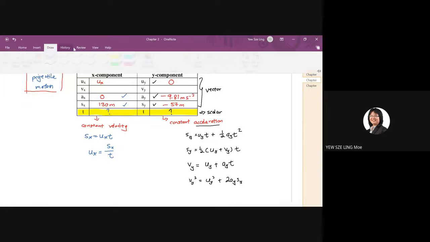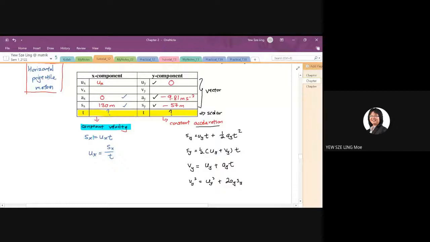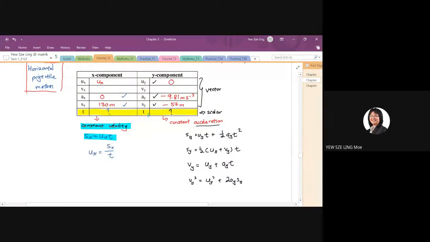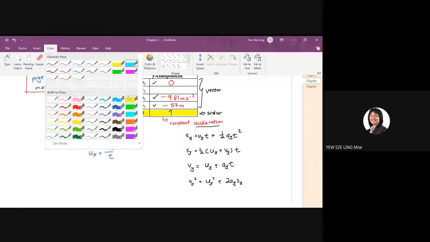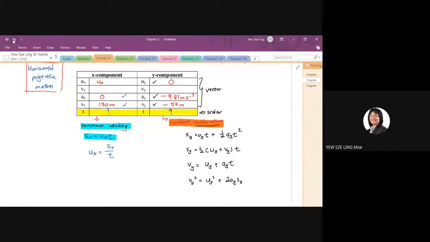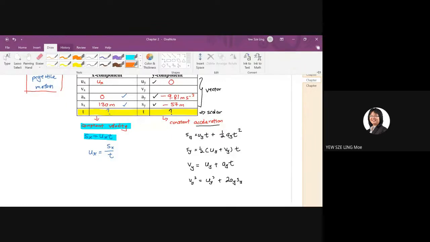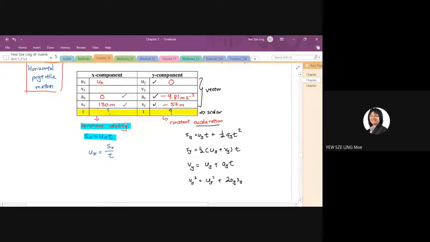So for x component, you have only one equation. So this is your x component, constant v, so you have one equation only. And then for y component, you have a constant acceleration. Therefore, what can you do?